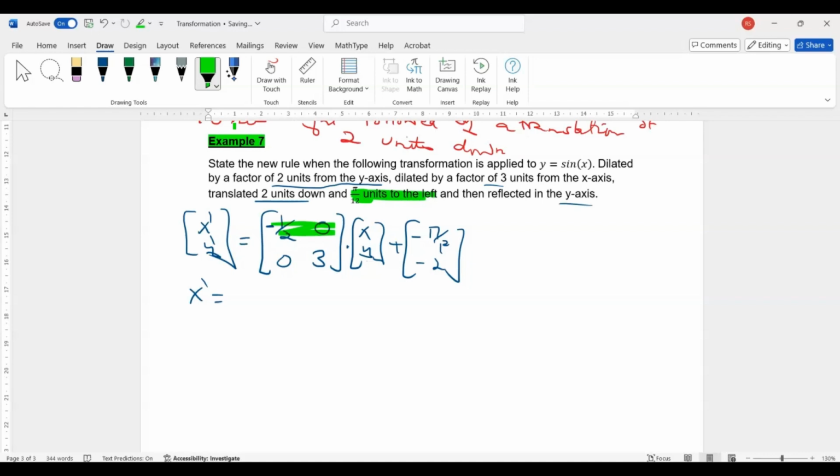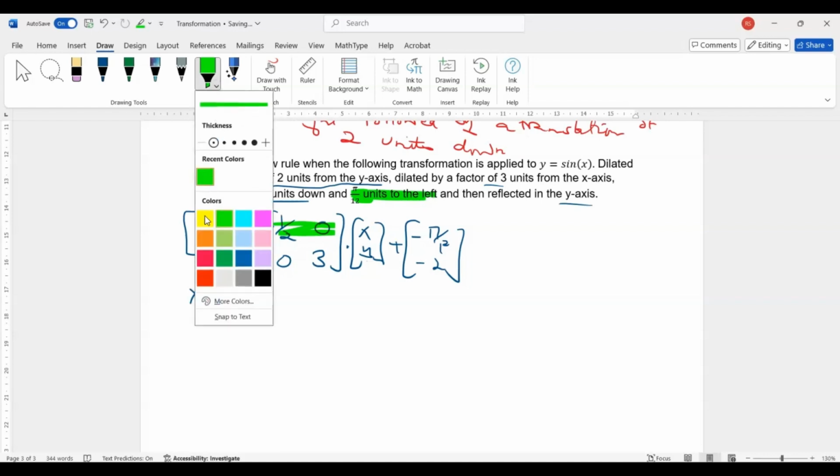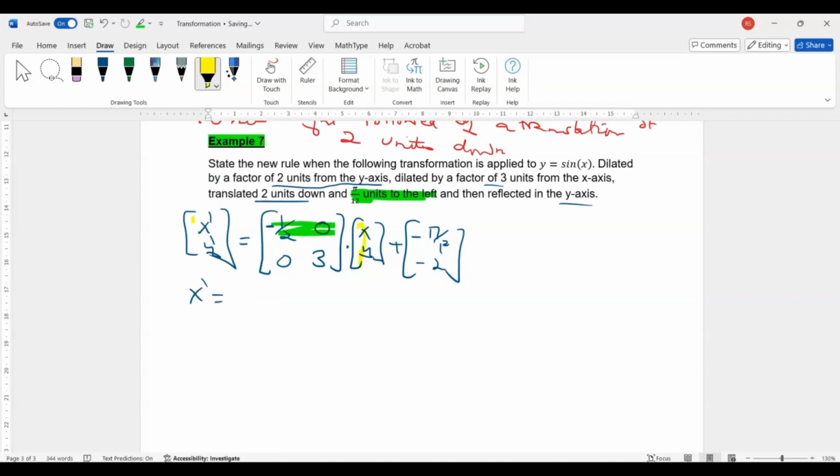So this is how we multiply, that row to this column, and likewise we do the same thing again. So let's do this one here. So x bar is negative a half x, 0 times y is 0, plus negative pi over 12.